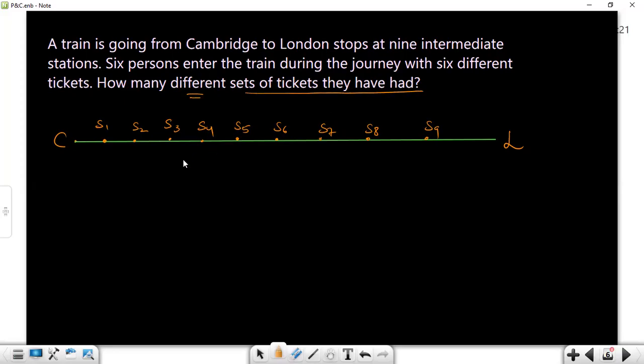Okay, so let's say for S1 station, how many stations are there? Tell me the number of stations that are there ahead of S1. Now, London is also a station, remember, and Cambridge is also a station. How many stations are there ahead of S1?